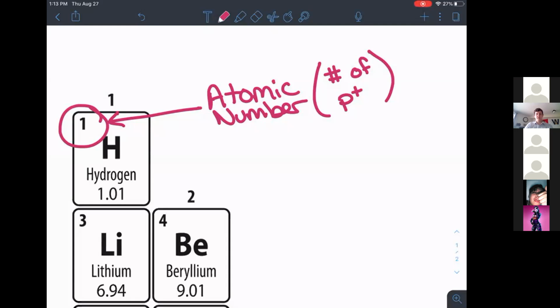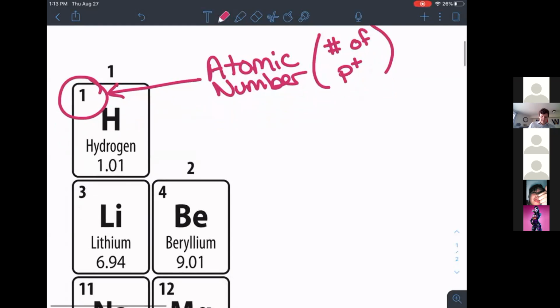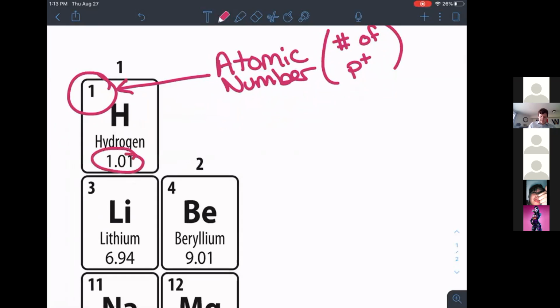Above the H? Is that what you said? Are you saying this one right here? So that one's not going to be our mass number, but our mass number is actually going to be down here. This number right here.